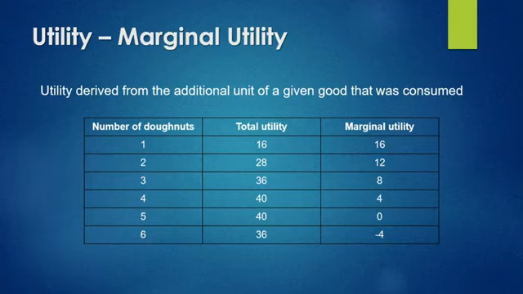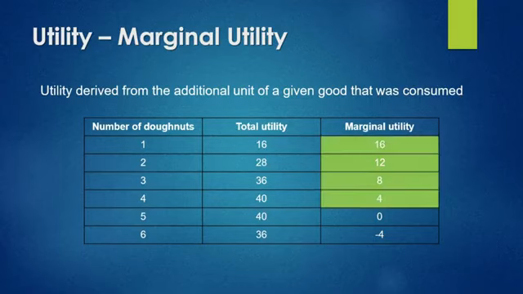And remember, we said that we start to feel sick after eating our sixth donut, which is why we then see a disutility, or rather a negative utility. So we are then less satisfied when we have our sixth unit of donuts.